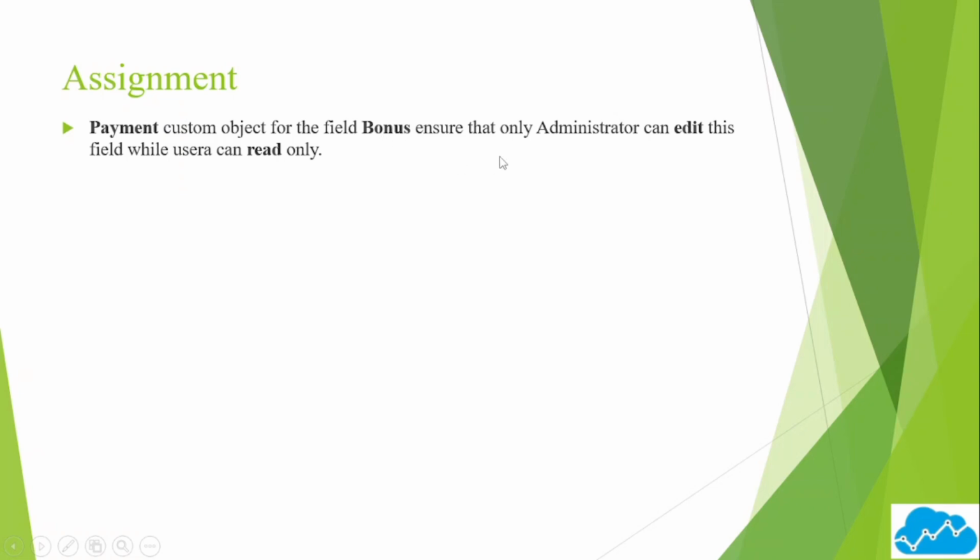What we have to do is make this field modifiable by the administrator only, and it can't be modified by user A. In our Salesforce org there is a user A who has the system administrator new profile. So we have to configure the system administrator new profile so that user A can't modify the bonus field.